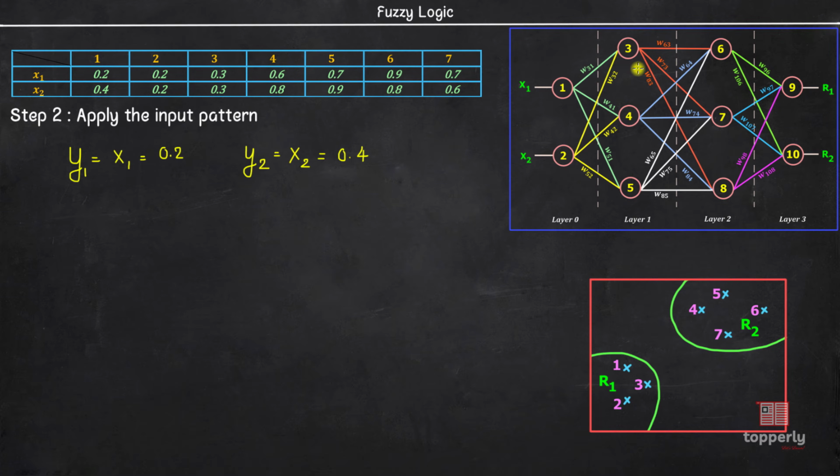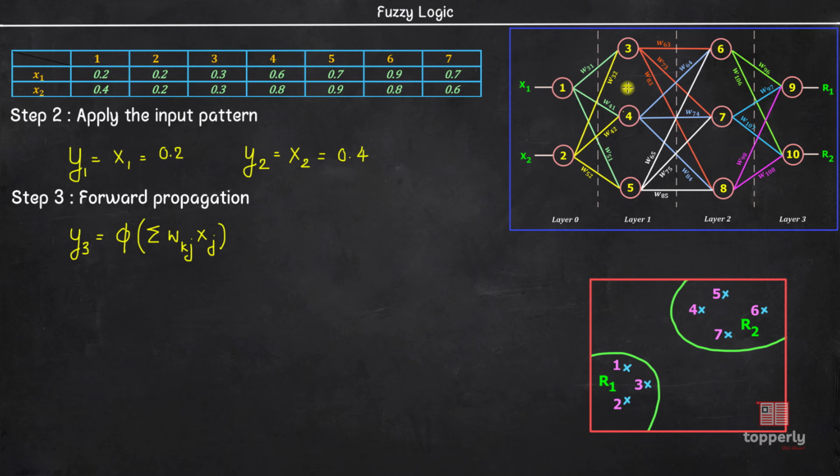Coming to the output of the third neuron, we have y3 is equal to phi of sigma wkj into xj, and since here k is 3, we have phi of sigma w3j into xj.